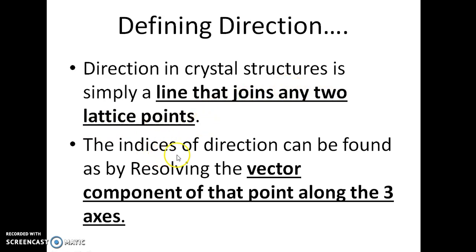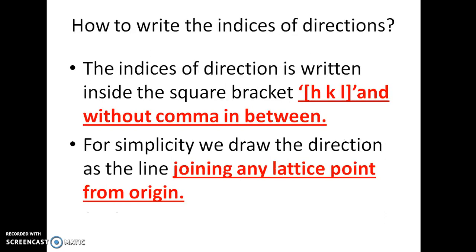Now the indices of a direction can be found by resolving the vector component of that point along the three axes. That means simply the vector component of any point in the three-dimensional structure defines the indices of the direction. There is a specific way to write the indices of the directions.